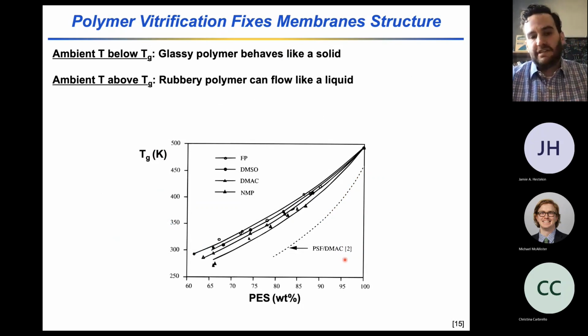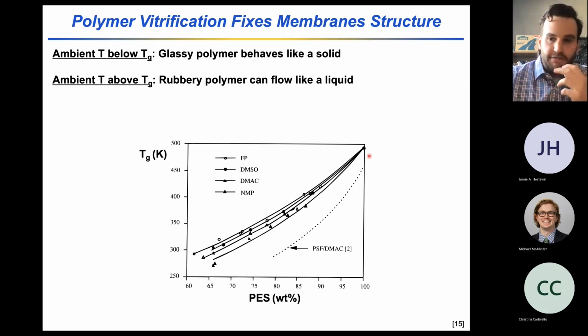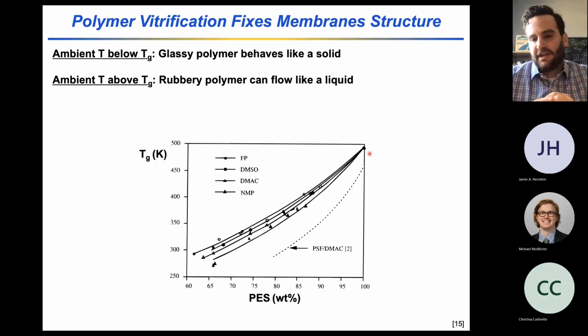There's one other thing to mention about this ternary phase diagram and its relationship to the dynamics of the system that we're examining, and that's that the addition of solvent can lower the glass transition temperature of the polymer. And so I'll just remind you that if the ambient temperature is below the glass transition temperature, the polymer is glassy and it behaves like a solid.